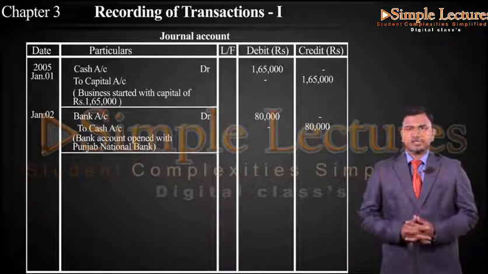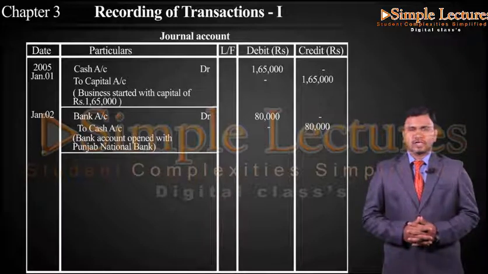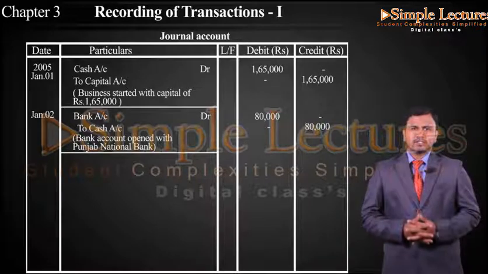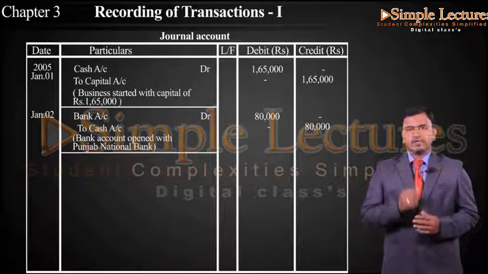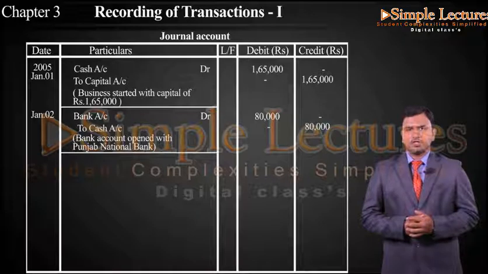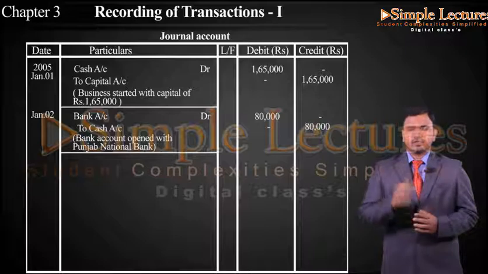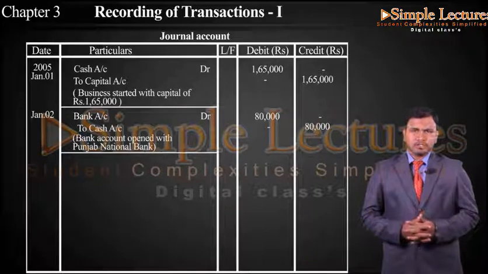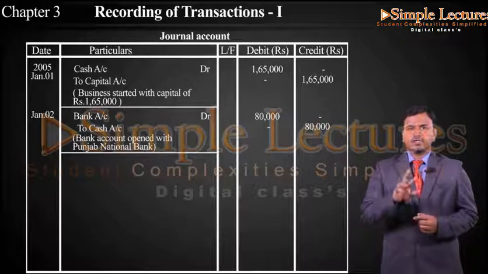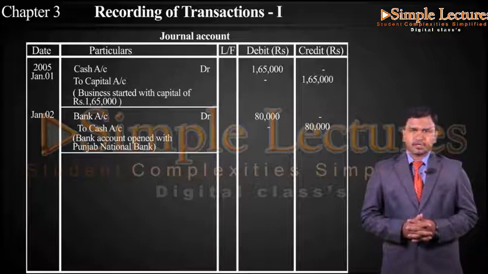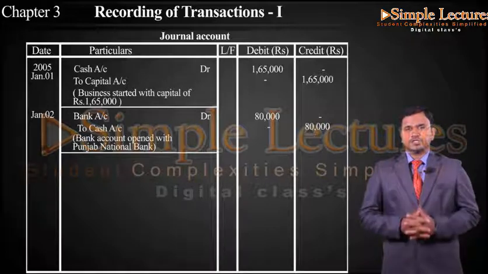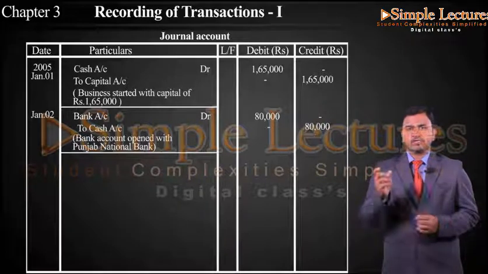Let us take the next transaction which is on Jan 4th. So the transaction here is goods purchased from Tara 22,000. So here whenever the particular dealer's name or a particular trader name is given, it is nothing but the transaction is on credit. So here in journal account we are going to show that particular trader's name.